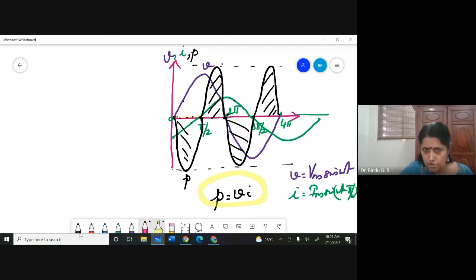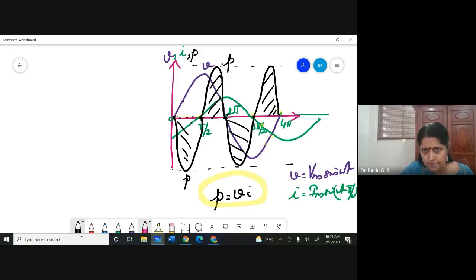So naturally power will be positive. And from 2 pi to 3 pi, you can see that the voltage is negative, current is positive. So you will have a negative power. From 3 pi to 4 pi, both voltage and current are negative. So you will have negative into negative is a positive. So you will have power as positive. So this is the power waveform.